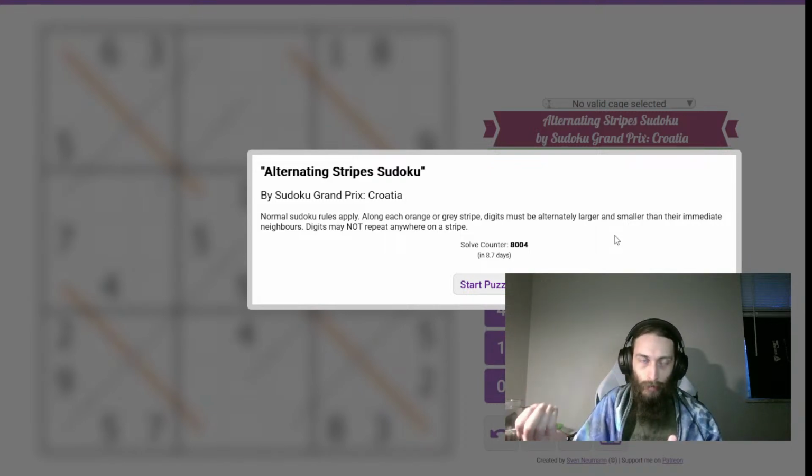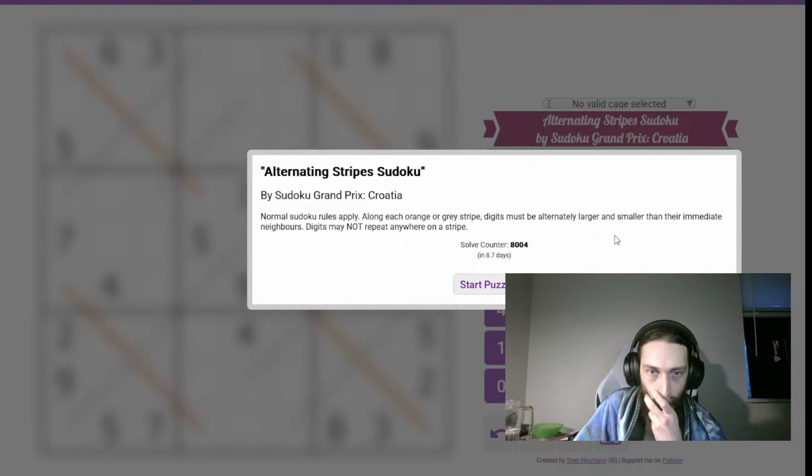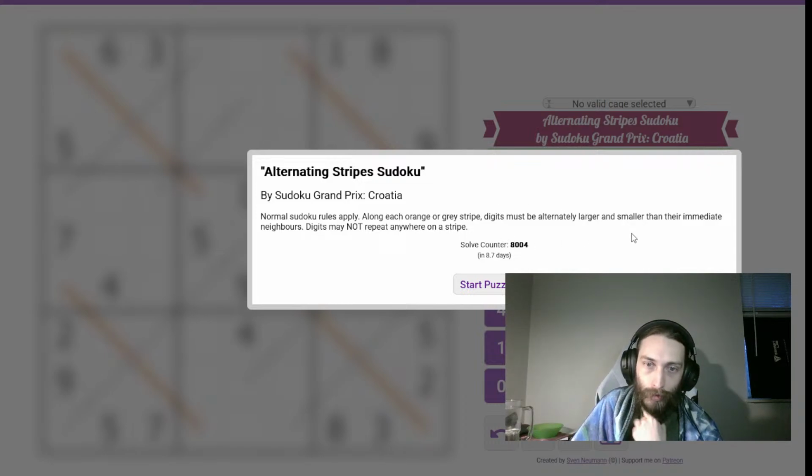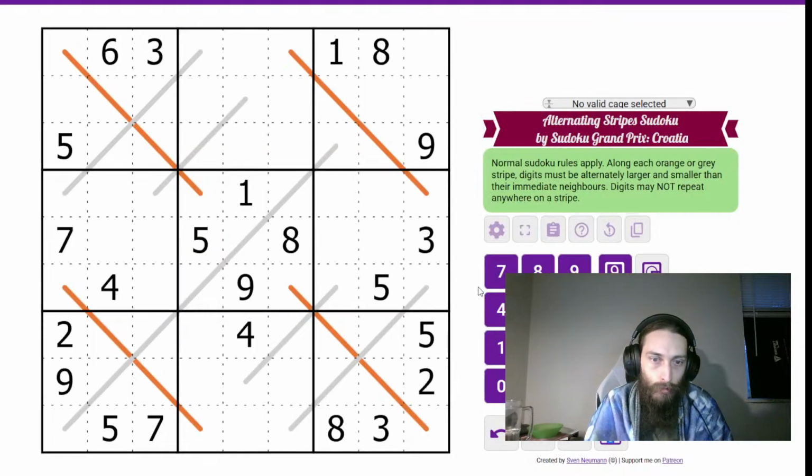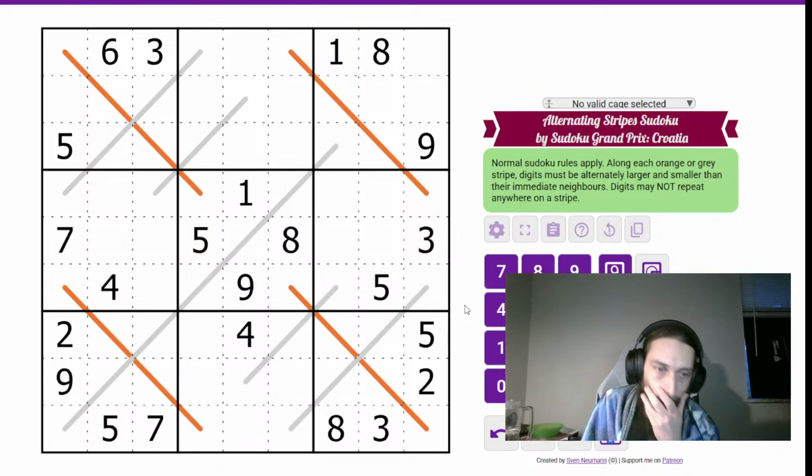Now the 2 has 5 as a neighbor, which is larger. So then on the other side of the 2 could only be a 1. Correct? Yeah. Okay. Yeah, I was misreading that. So I think they operate like a thermo, we just don't know where the bulb is. Yeah. Okay.